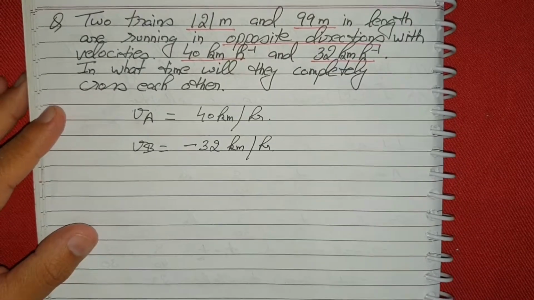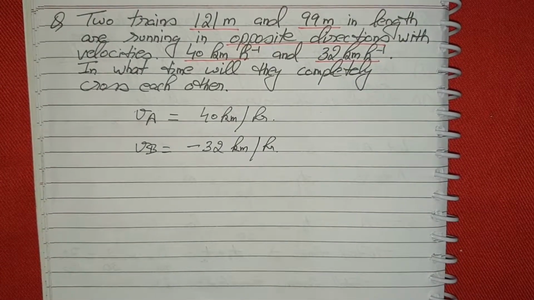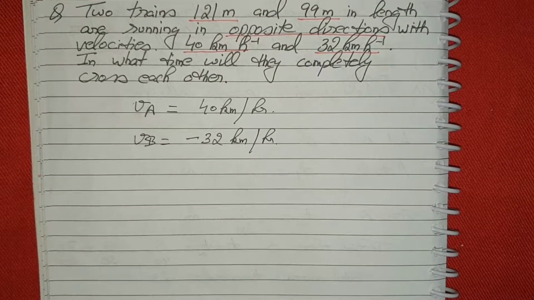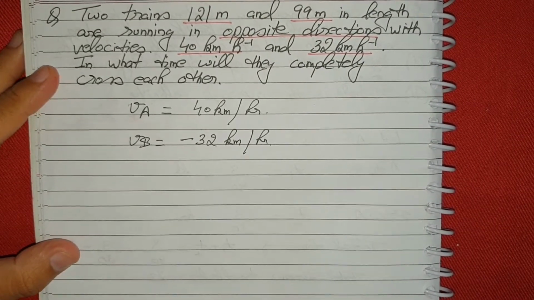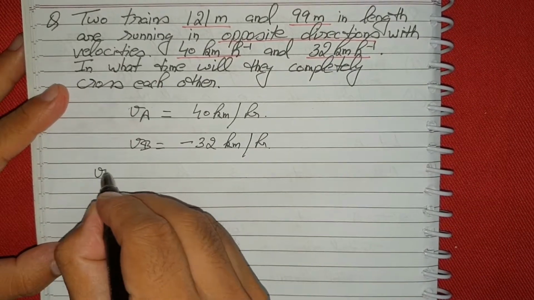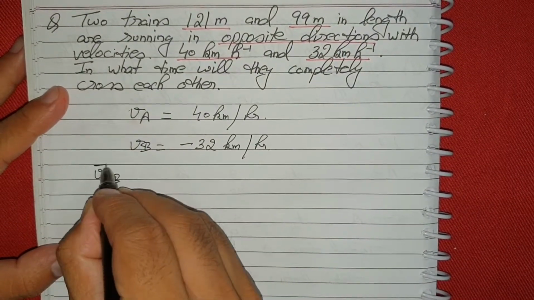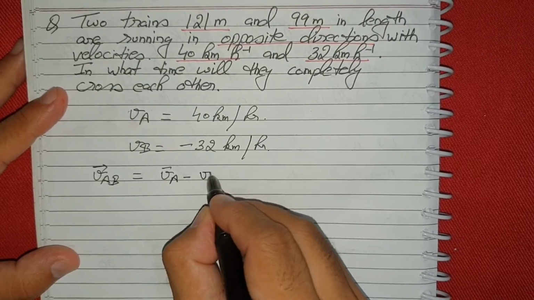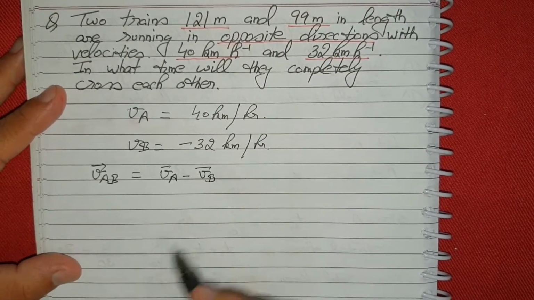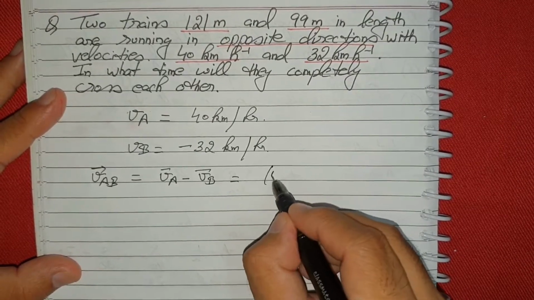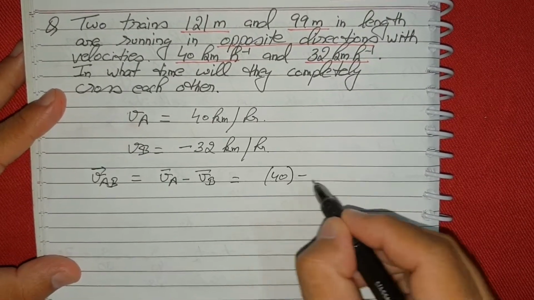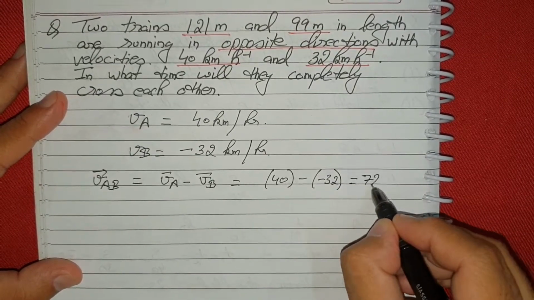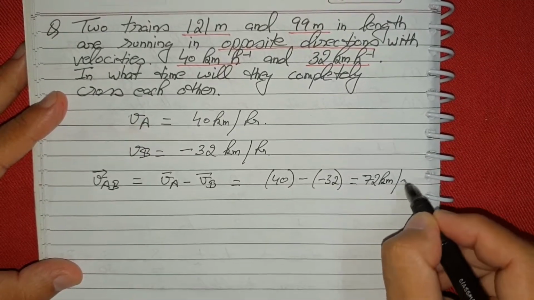Now see, we have to find the relative velocity of the two trains. Suppose we are doing VAB, the velocity of A with respect to B, will be VA minus VB, which equals 40 minus of minus 32, that is equal to 72 kilometer per hour.